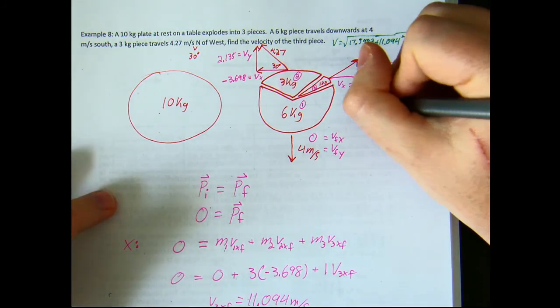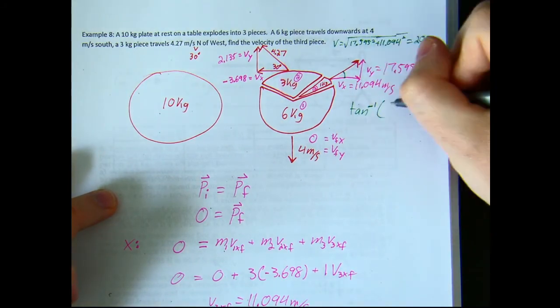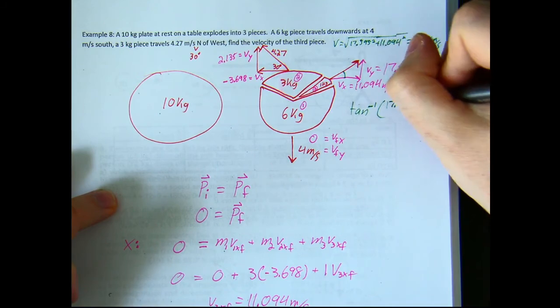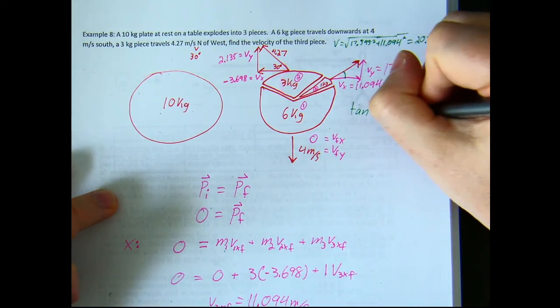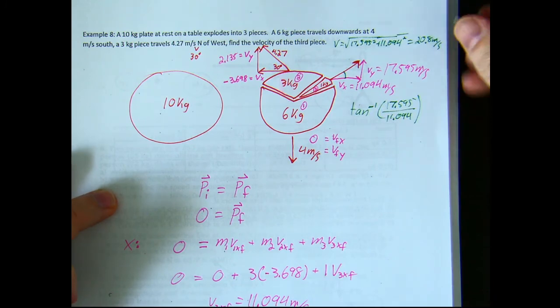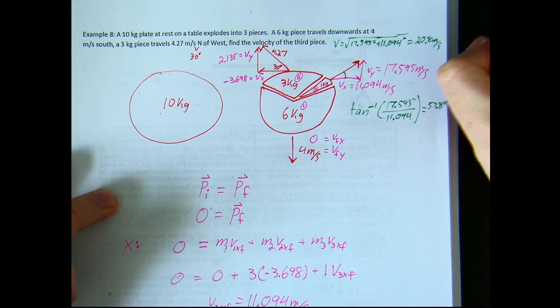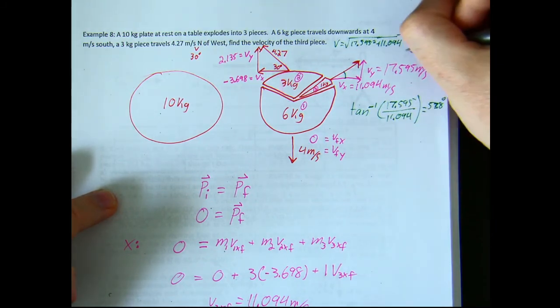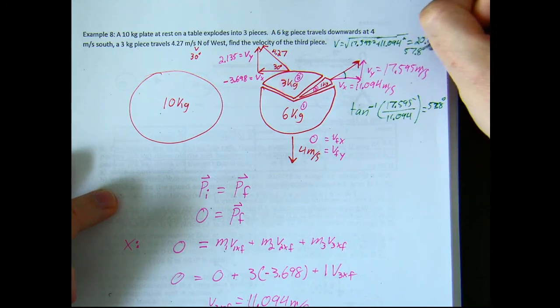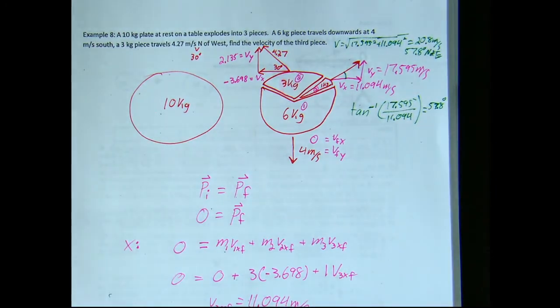The direction is going to be the tan inverse of that angle right there, opposite 17.595 over 11.094. That gives us a direction of 57.8 degrees, and that's going to be north of east. So we can put that up here, 57.8 degrees north of east is our final there.